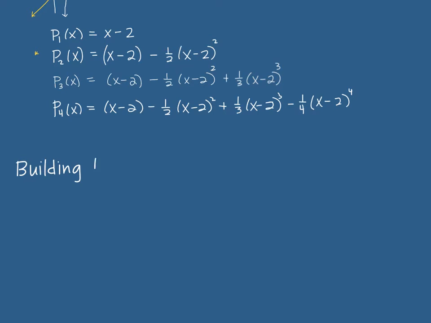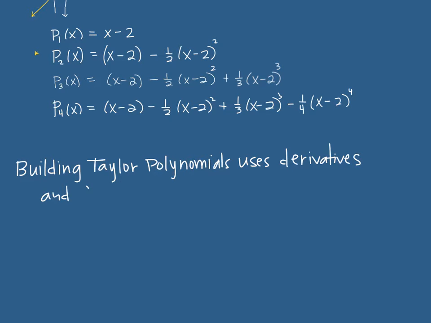Building Taylor polynomials uses derivatives and factorials to create the coefficients.